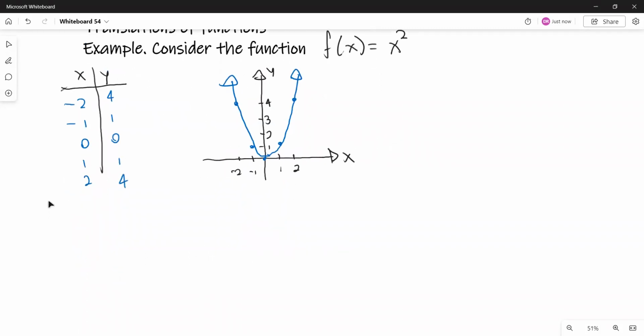But now let g of x be f of x plus 4. So the input of f is no longer x, it is x plus 4. We're going to see what happens with the graph.